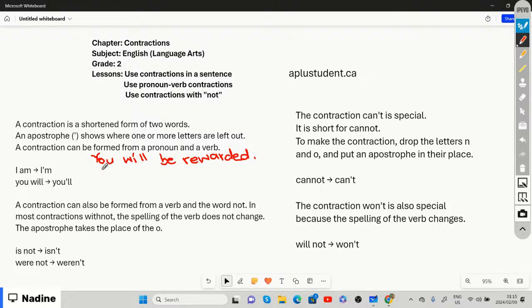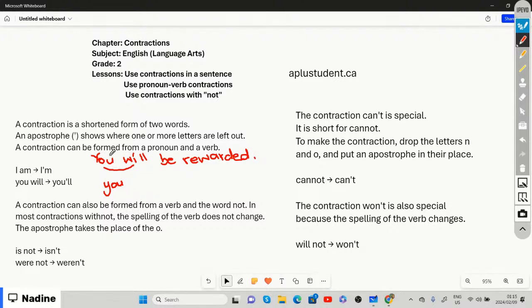Now we need to shorten these two words, the pronoun and the verb, you will. And remember I said that our pronoun stays the same, so we bring down the you again. Now we go on to our verb, which is will.